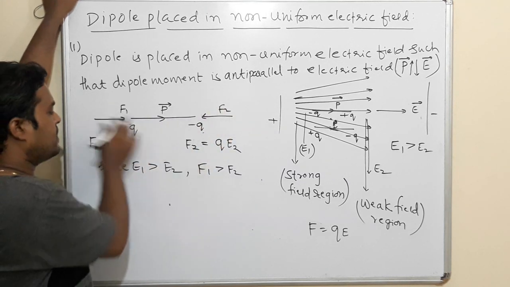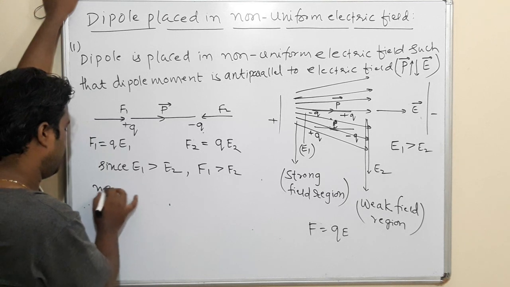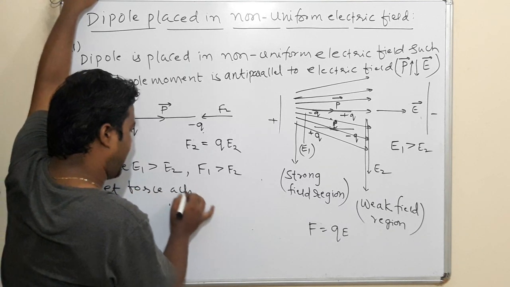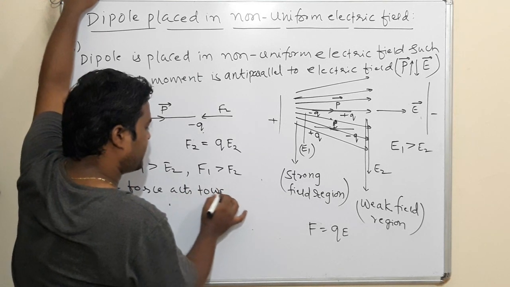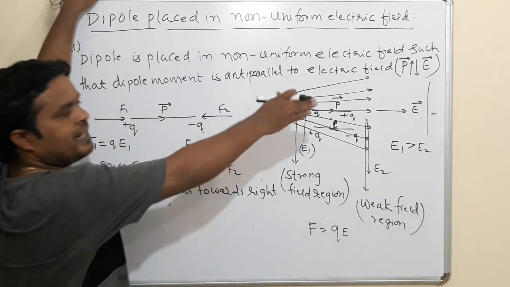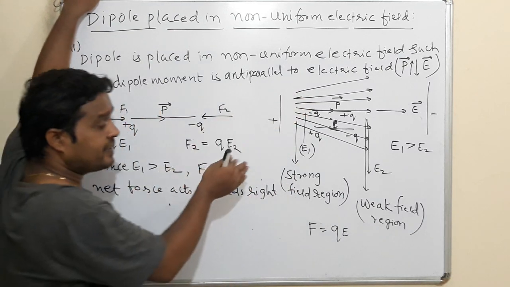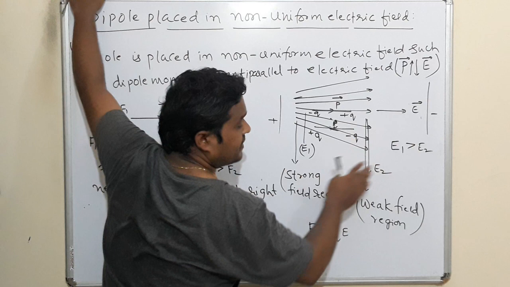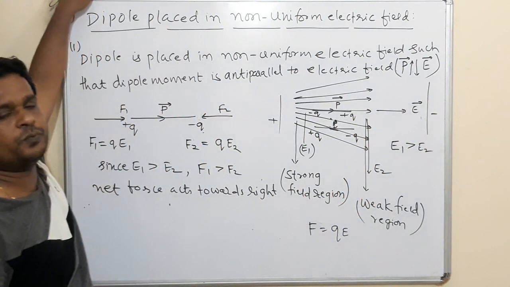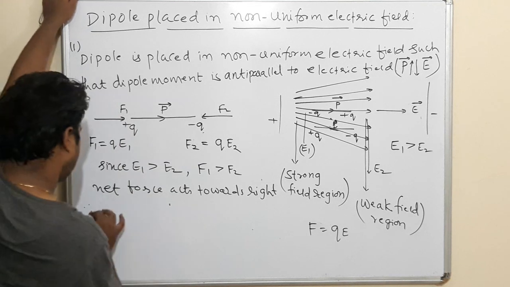That means F1 is more than F2, so the net force will now act in this direction. Net force acts towards the right. That means the dipole is ready to move in this direction. That means it is moving towards the weak field region or the strong field region.